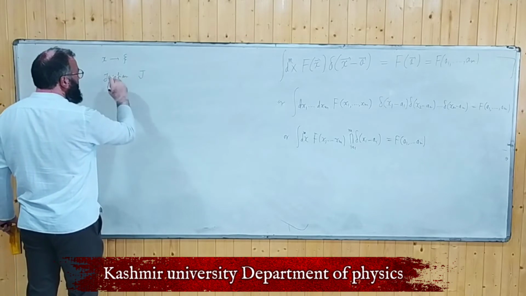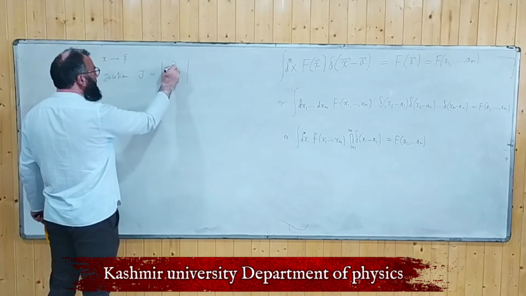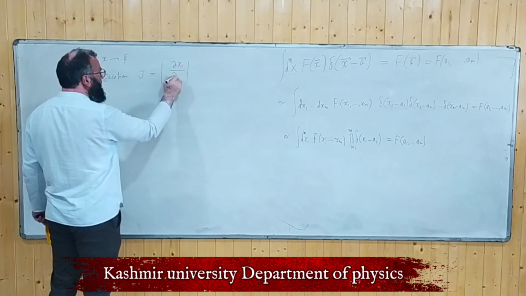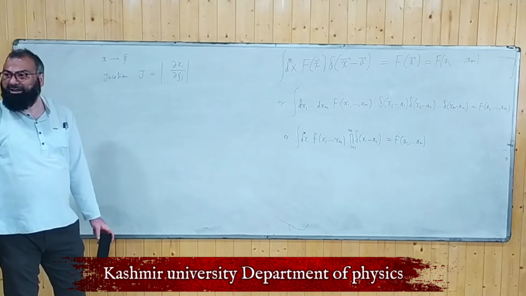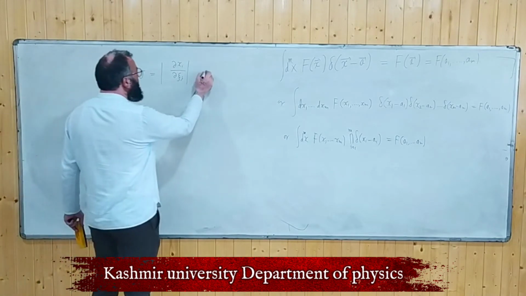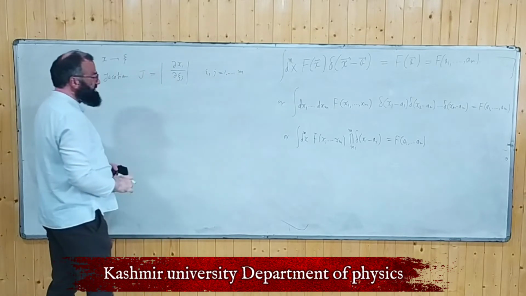So the Jacobian of the transformation is the determinant of partial xi by partial zeta j, of this very matrix. Clear? While i and j are running from 1 to m, this is the matrix.